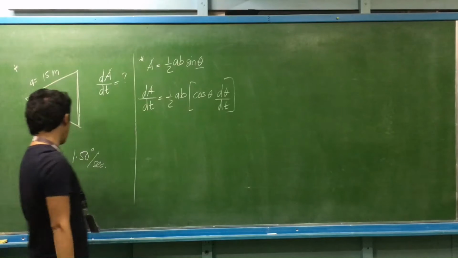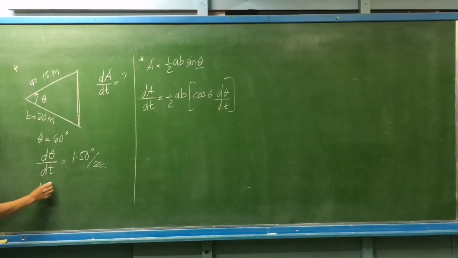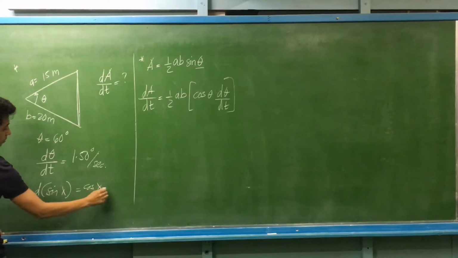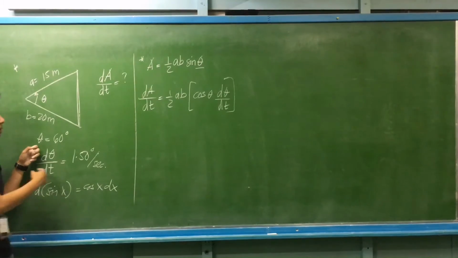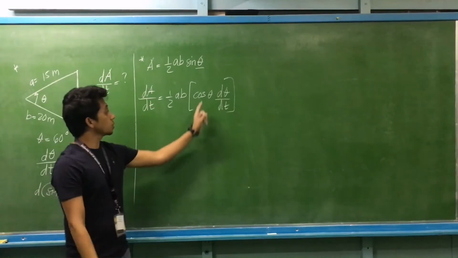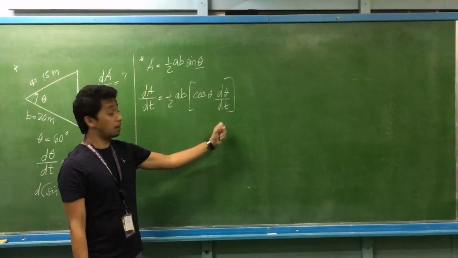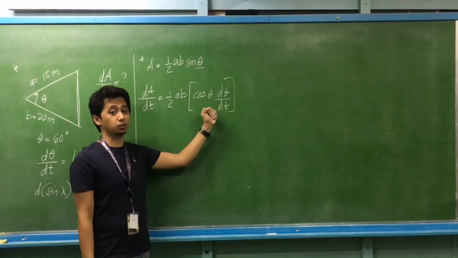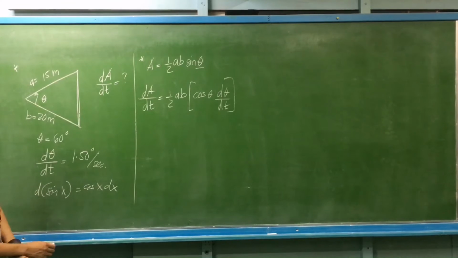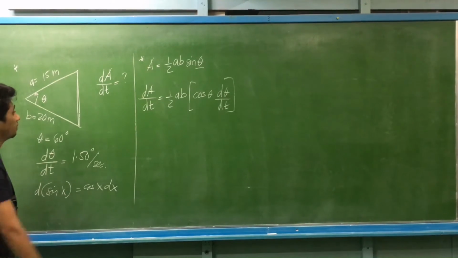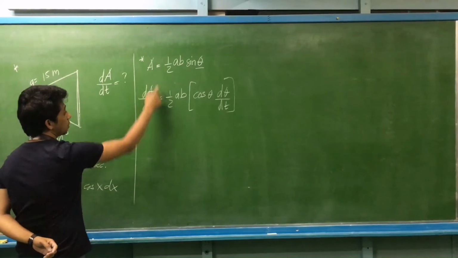If you recall, the derivative of sine x is cosine x dx. But here, our variable is theta this time. So cosine of theta d theta, but with respect to time, since we are in time rates. That is the first derivative of this equation.